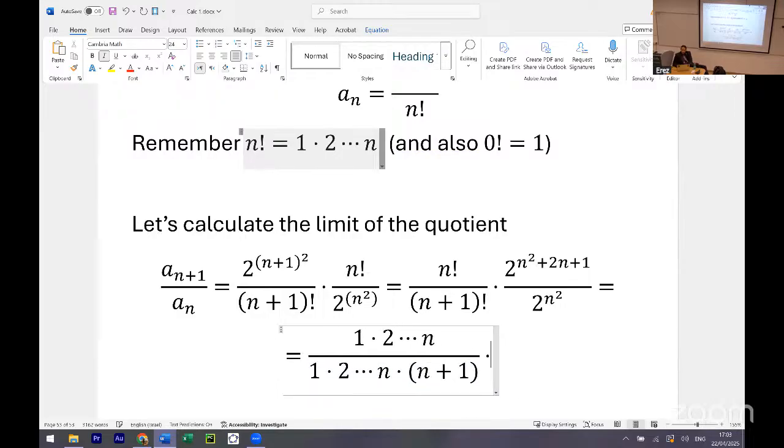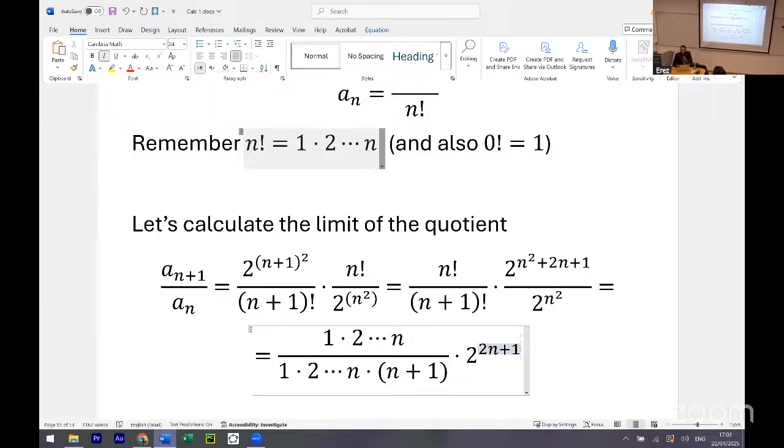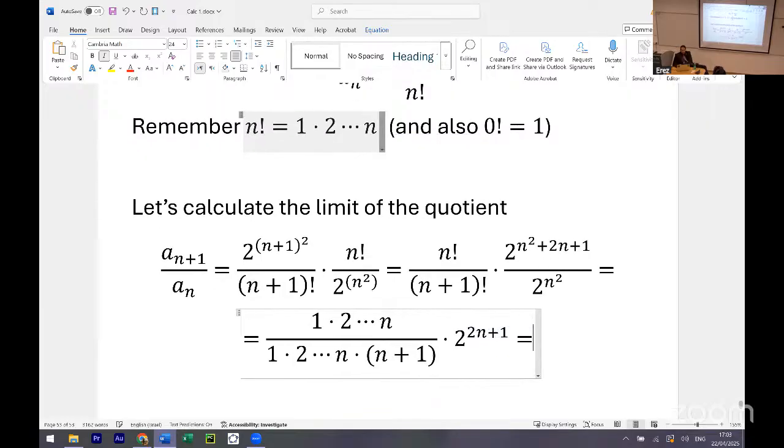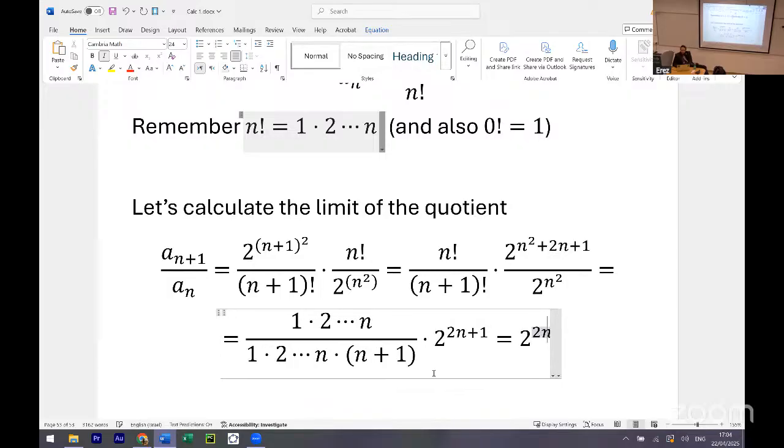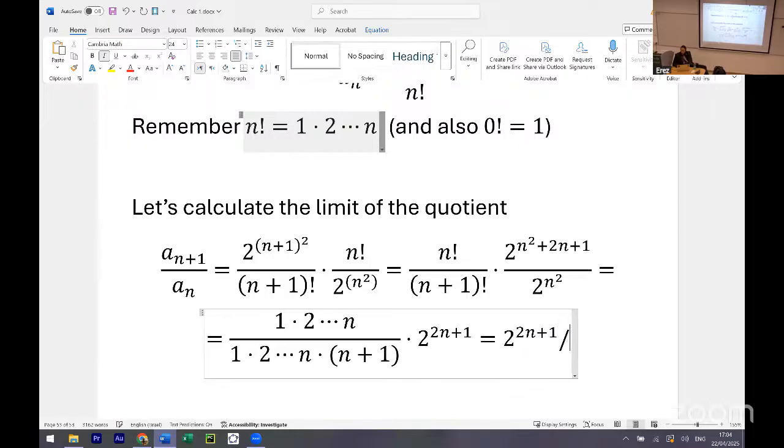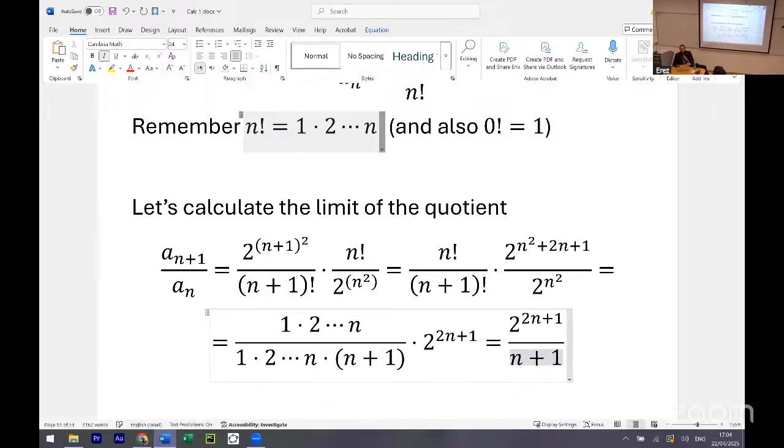And next we have 2 to the power of 2n plus 1. Okay, so altogether we have 2 to the power of 2n plus 1 over n plus 1. What do you think the limit of this is?